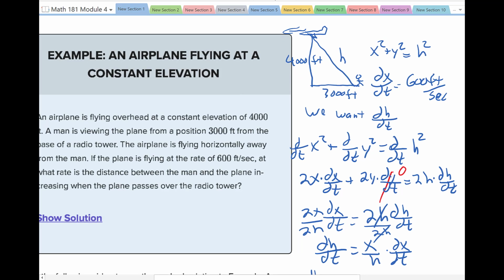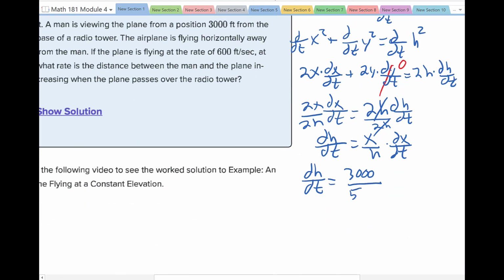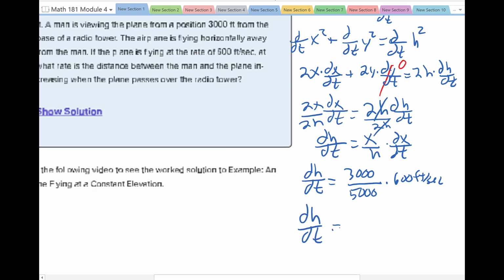And I don't know if you know about Pythagorean triples, but by the Pythagorean theorem, h would be 5,000. So it's going to be 3,000 over 5,000 times that 600. dx dt is 600 feet per second. So our dh dt would come out to be, ready for this, drum roll, 360 feet per second.